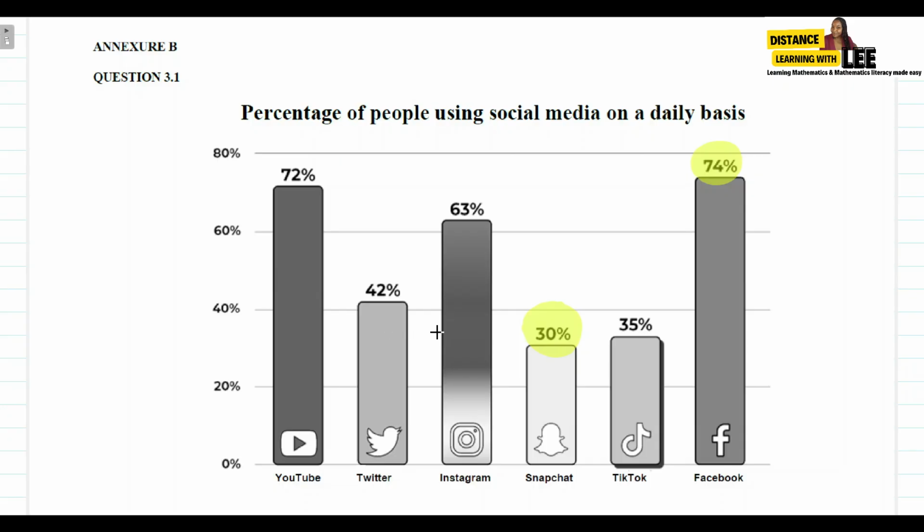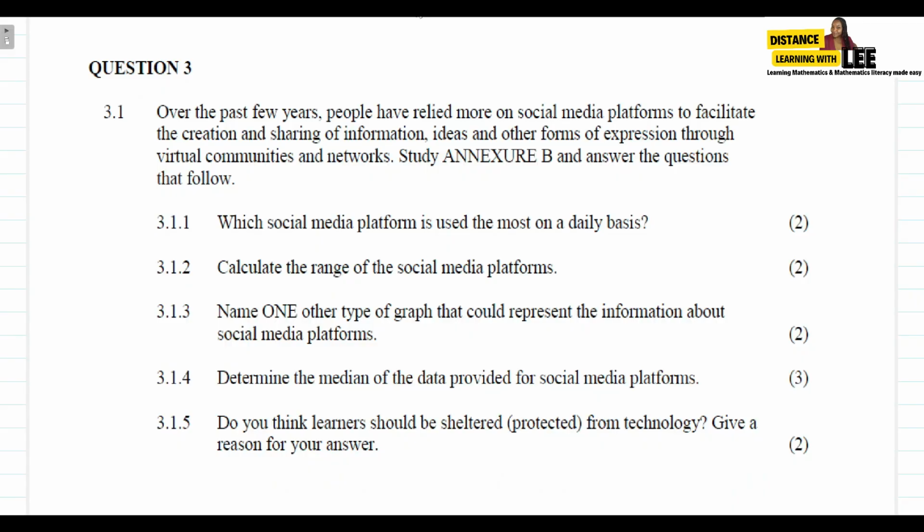I think we can represent this data in a line graph. I think that will be suitable, or even a pie chart. A pie chart could also represent this information. So we can use a pie chart or a line graph. I do not agree with a histogram. So let us go on to the next question.